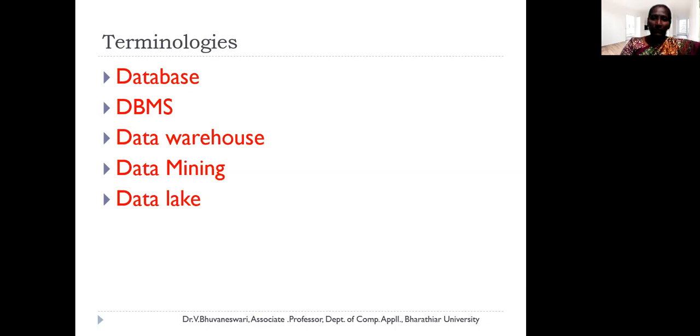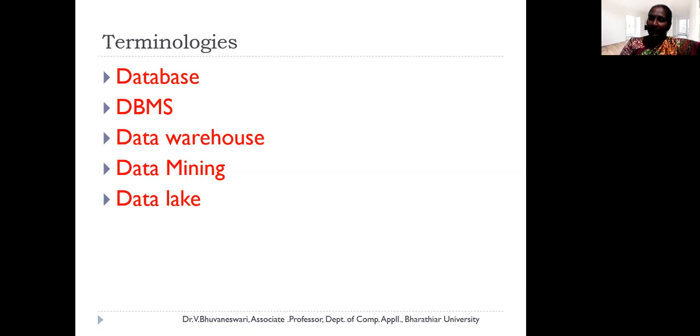Now, let us look into something called a database. Yes, what is a database? Exactly, your answer is correct. A database is a collection of interrelated data. Then, what is the difference between a DBMS and a database? We use these terms here and there, so now we should be very clear.